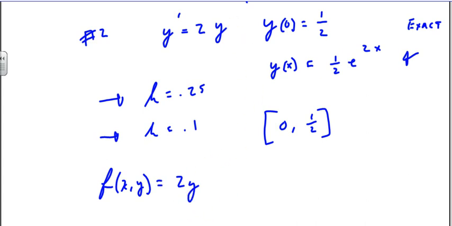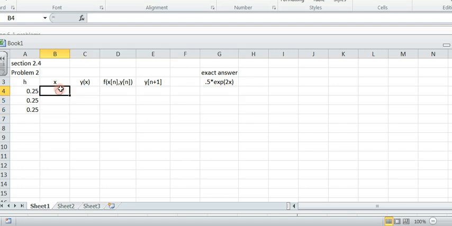Okay, so I'm going to go to a spreadsheet, and I'm going to start at some point x, which is going to be 0, and I'm going to have some initial condition, which is going to be 1/2. The function is 2 times y, which would be C4.